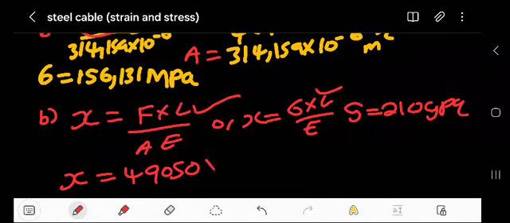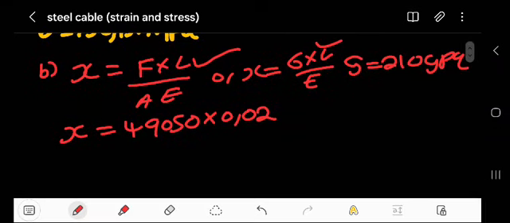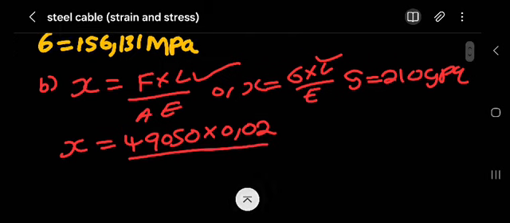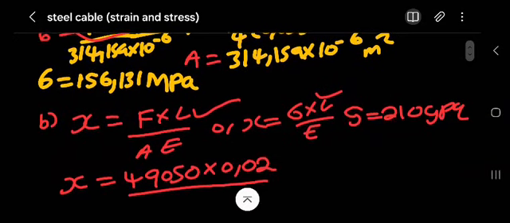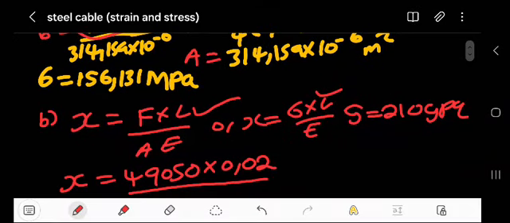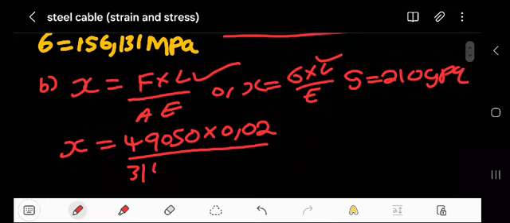49050 multiplied by the original length. I remember it was 20 meter. Then the area, we've just calculated it there. Here it is, 314.159 times 10 to the minus 6.